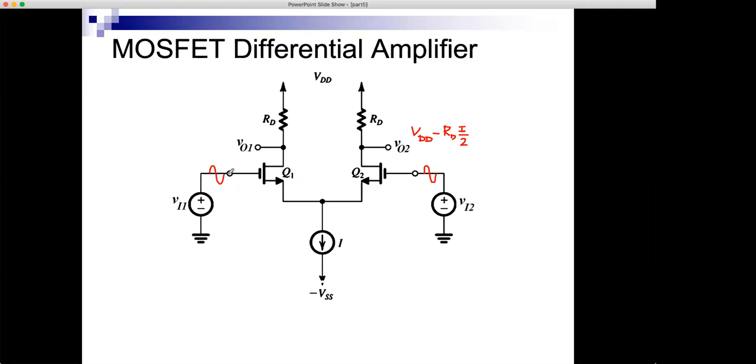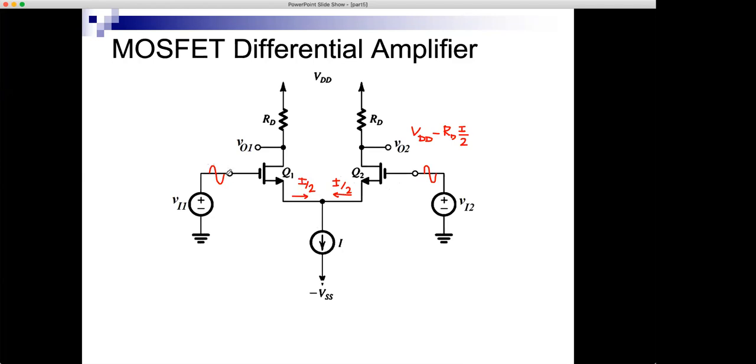So they're always equal, and therefore I always have perfect symmetry. This side of the circuit is exactly the same as this side of the circuit. So at all time, I will have a current here which is equal to the current here. And their sum is I, and therefore I will have I over 2 here and I over 2 here. So the current that's flowing in the MOSFETs is also I over 2.